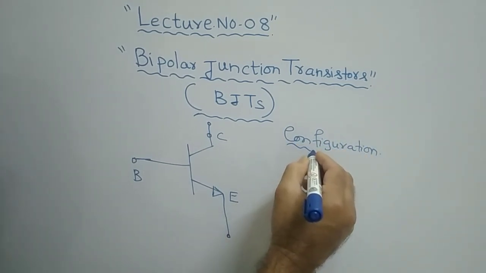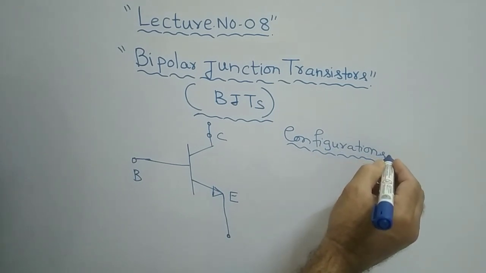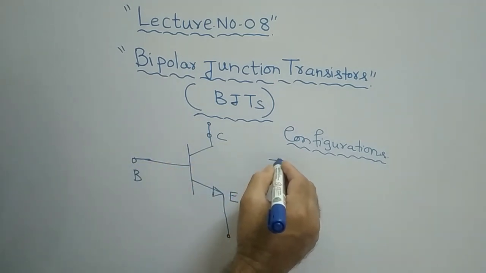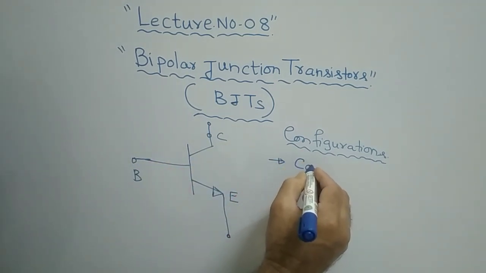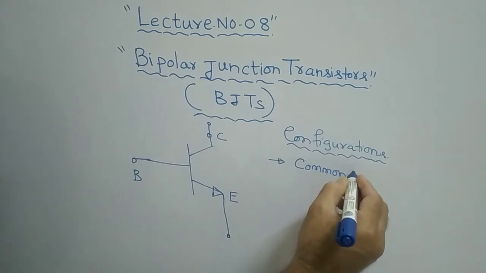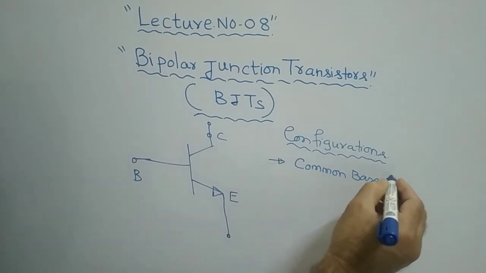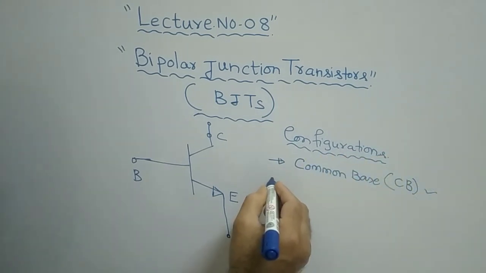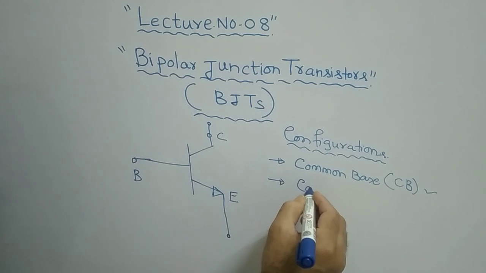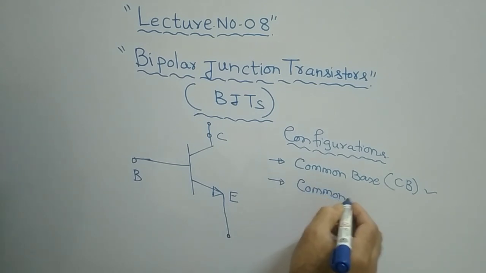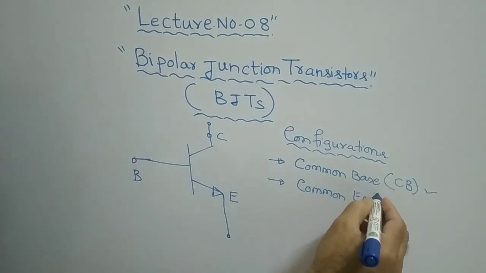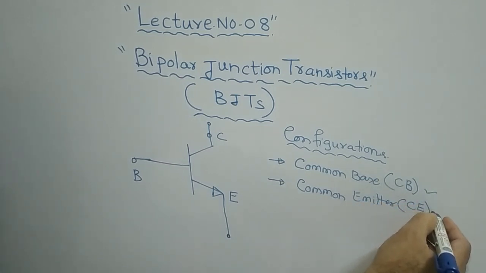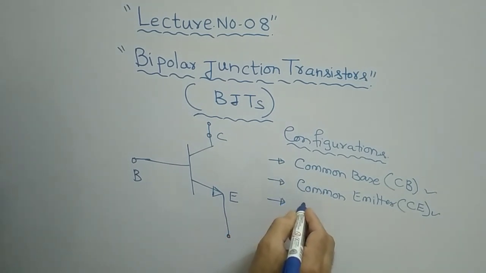One is the common base configuration, or simply CB configuration. The second one is the common emitter, in short the CE configuration. And the third one is common collector.